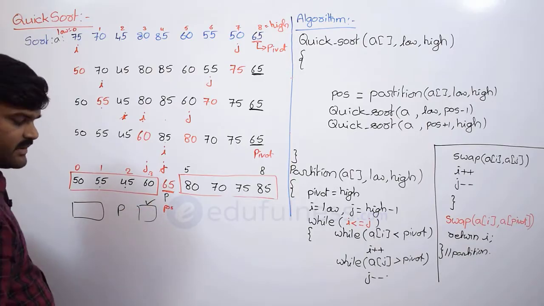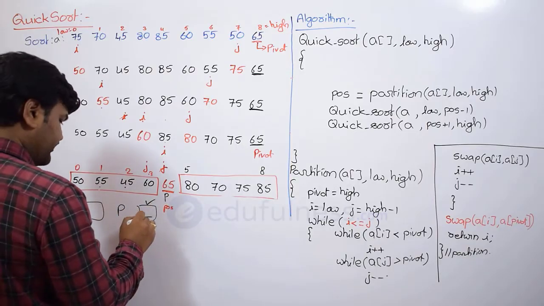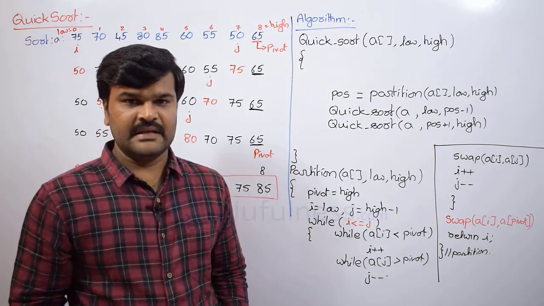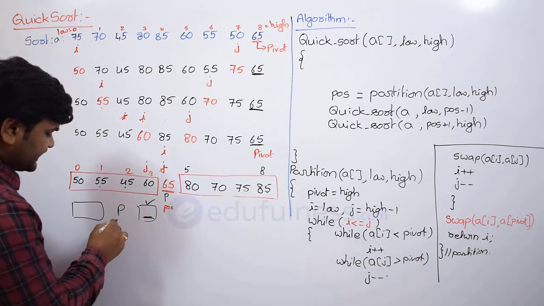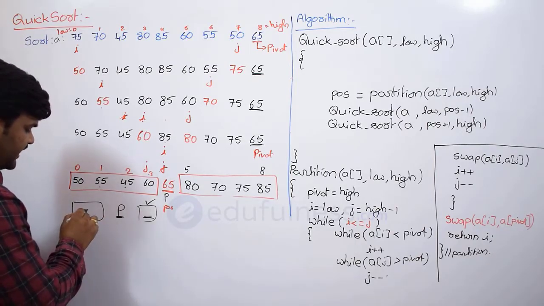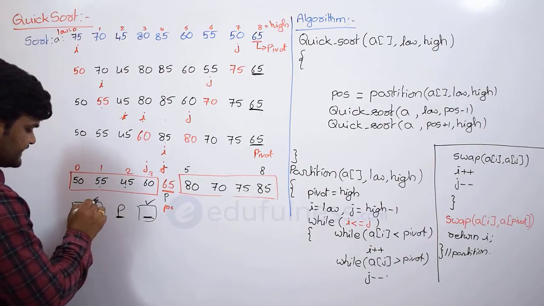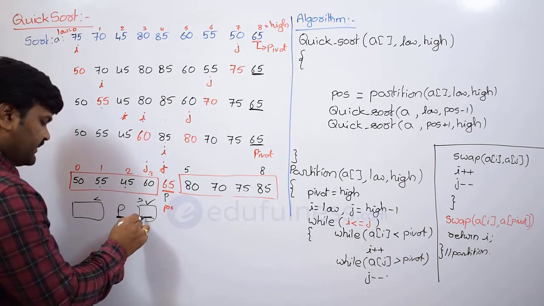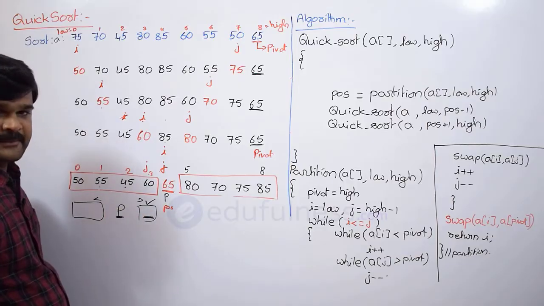Here you have only one element. Whenever you have only one element, you need not sort, that is already sorted. Quicksort ensures that after placing the pivot element, all elements before are less than this one, and those after are greater. So one element is already sorted.